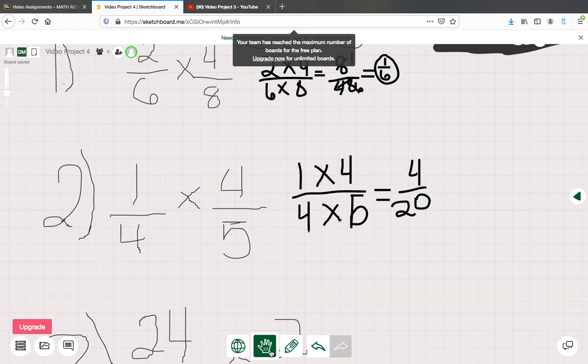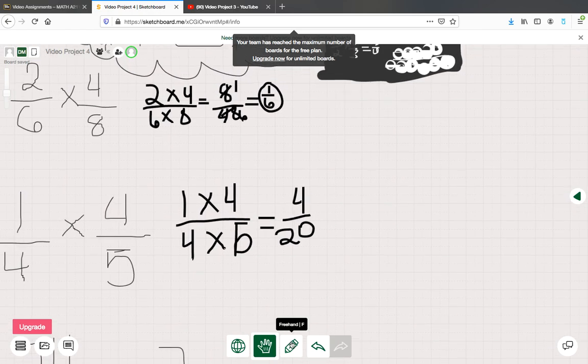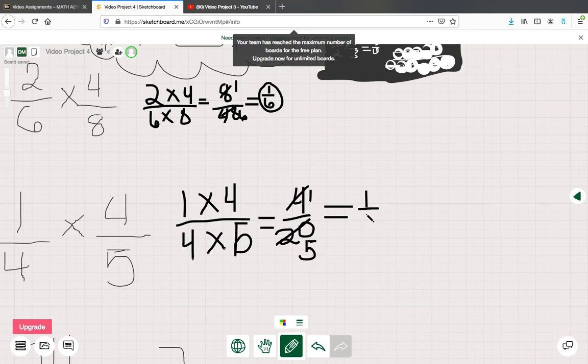This can be simplified as well. 4 goes into 20 5 times. So this is a 1, as we're taking all of it away, and this is going to turn into a 5. So it equals 1/5.